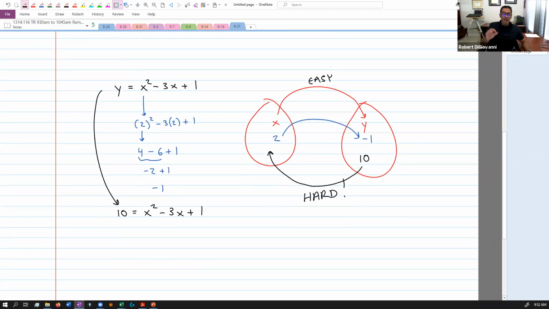Anytime we can figure out a variable easily, in this case we can figure out y, right? I'm going to type it up.